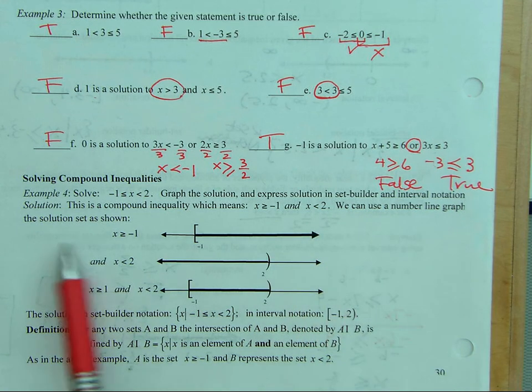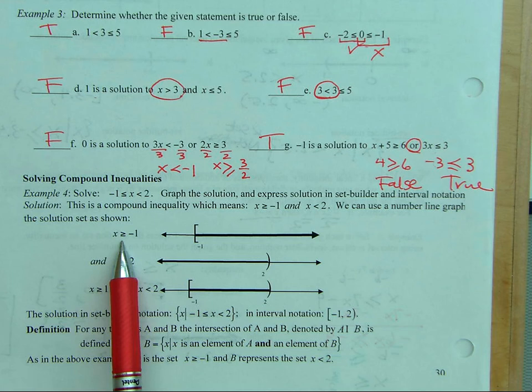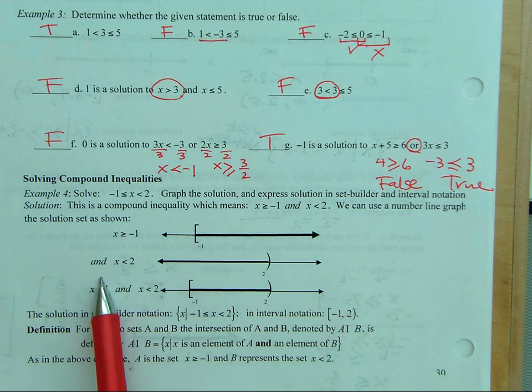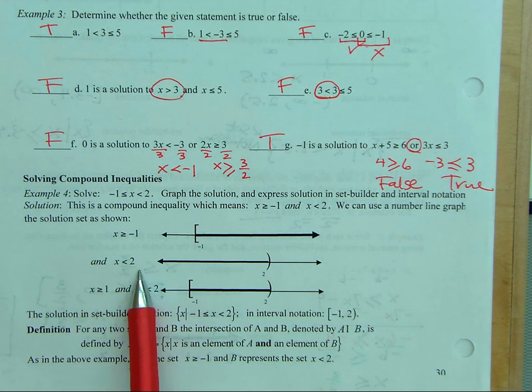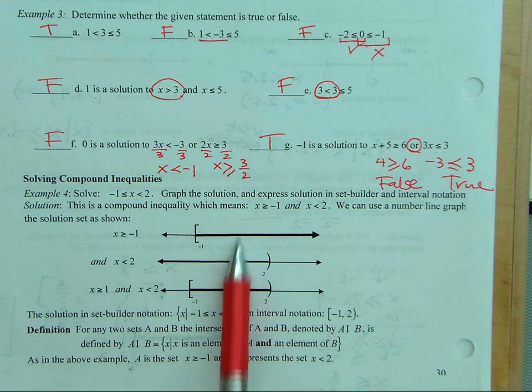We can use a number line to graph the solution. So we first start by graphing x is greater than or equal to -1, and then x is less than 2. And this place where it's double shaded, this is where our solution set is.